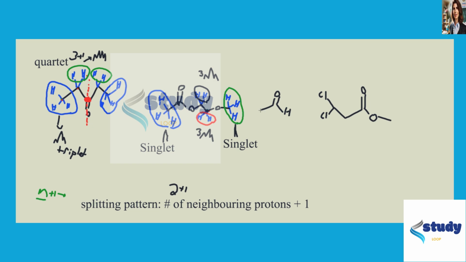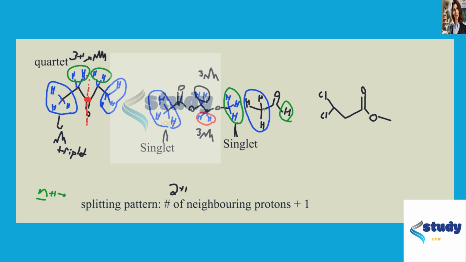Now let's look at the third example. If you look at all of these protons, we can very obviously see that we have 2 distinct chemical protons. One being this terminal methyl and one being from the carbonyl carbon here.